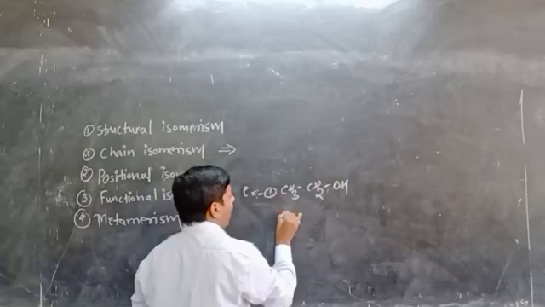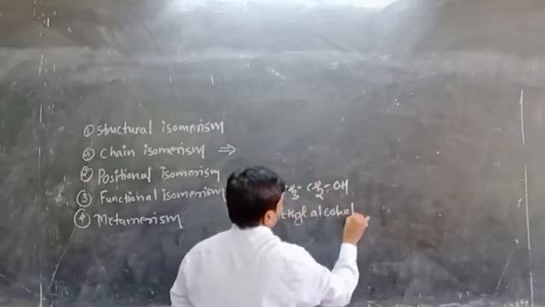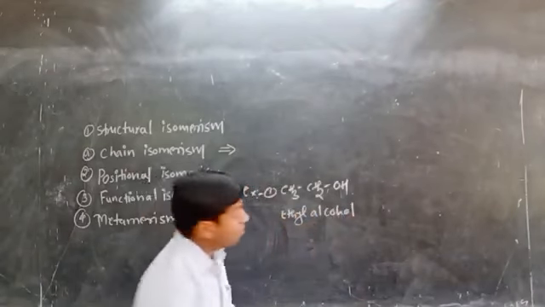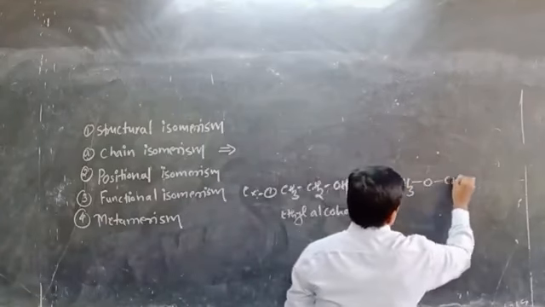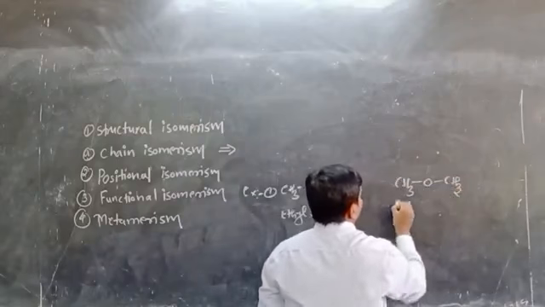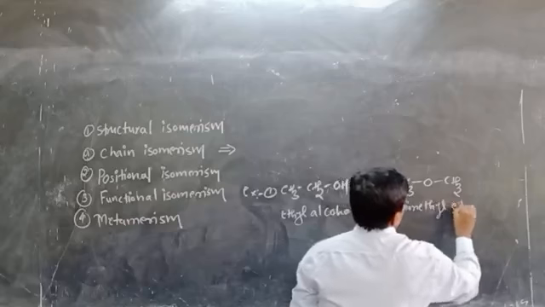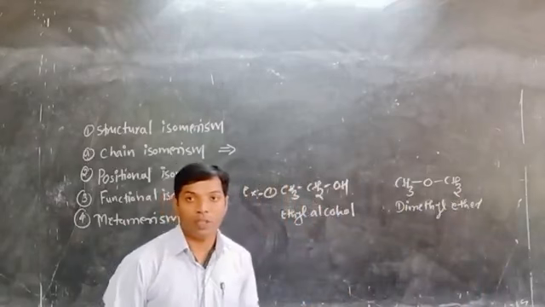This is called ethyl alcohol. Its functional isomer I will write: CH3, O, CH3. This is called dimethyl ether. So identify the functional group.